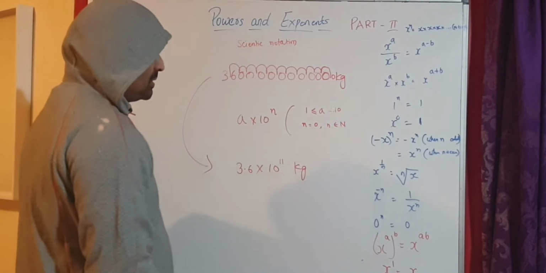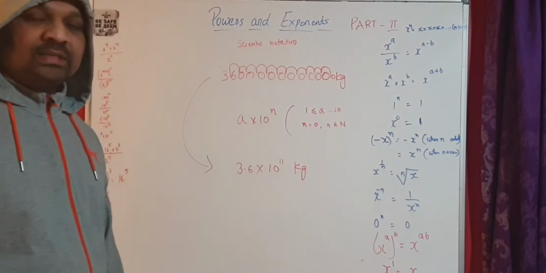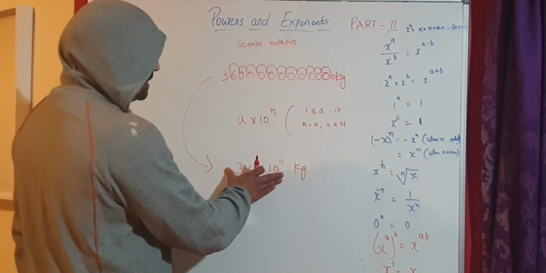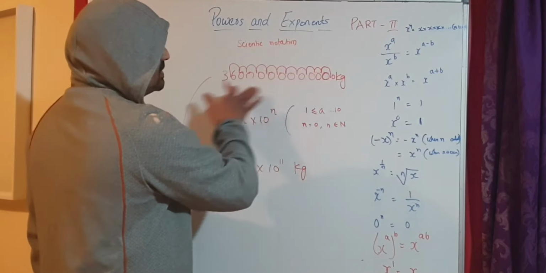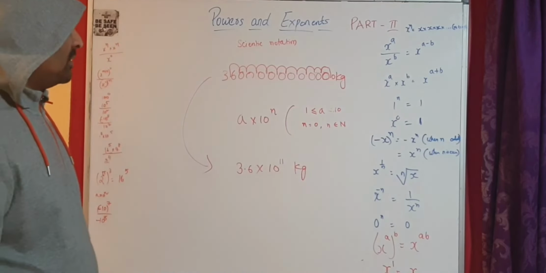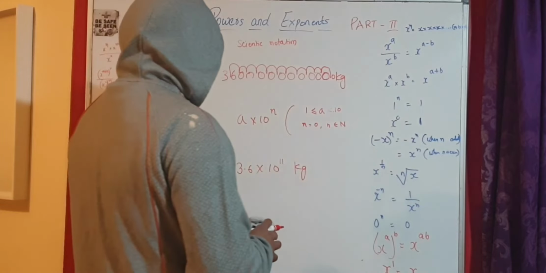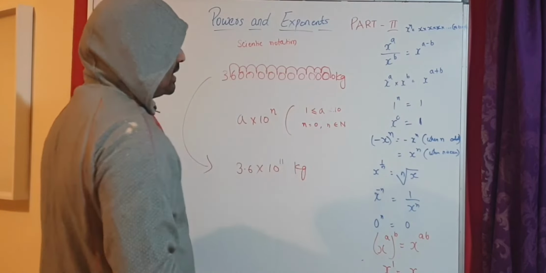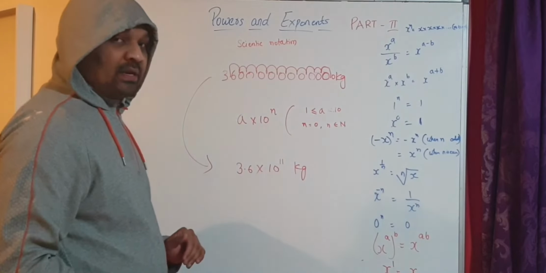The 11 is easy to remember and easy to write, and it doesn't take much space, whereas the other form requires a lot of space. So this bigger number, 3, 6, and after that 10 zeros, we have written in scientific notation.